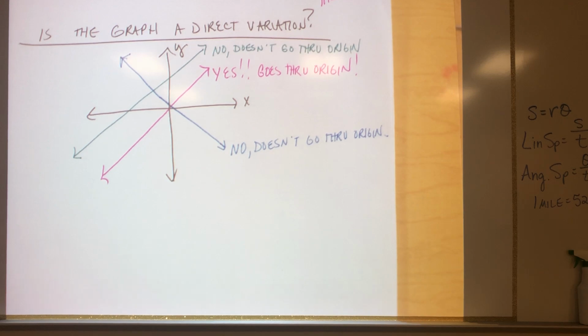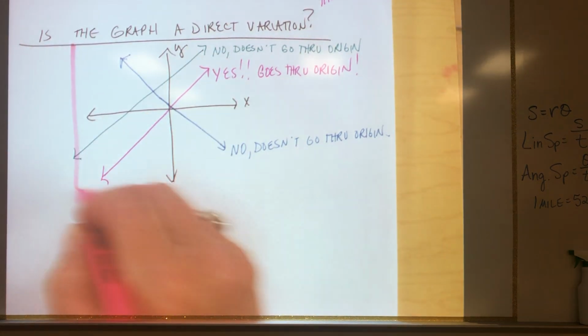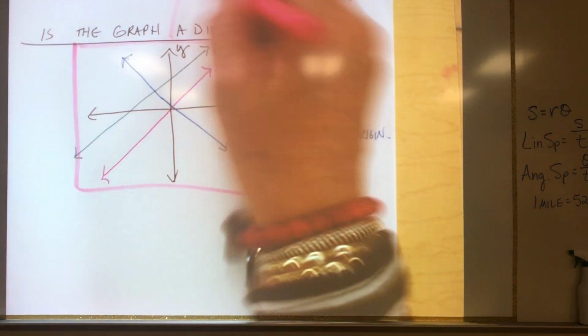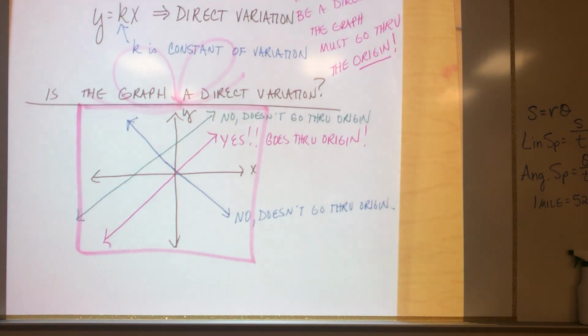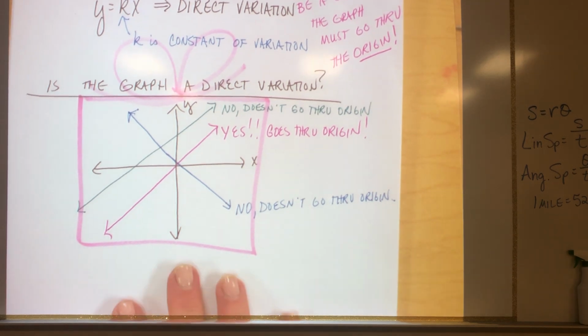That's not hard. People, that's just a present from me. Okay? I'm trying to give you points on your test. Is it a direct variation? I don't know. Does it go through the origin? Okay? That's an easy one.